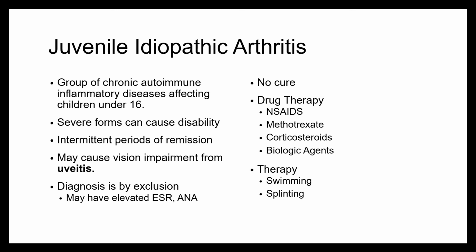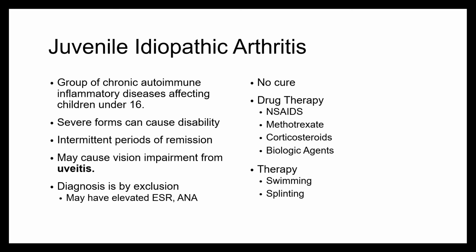One factor that can determine how severe juvenile idiopathic arthritis is is the number of joints that are affected. The more joints that are affected, the worse the case is going to be.